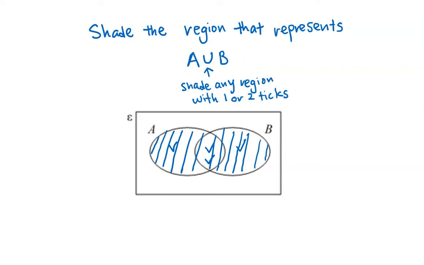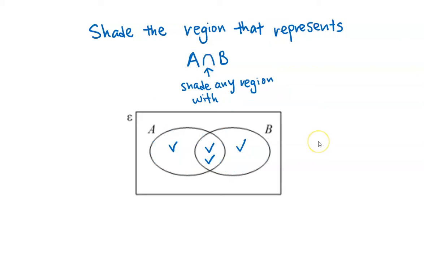So the next example, I'll be talking about what you do for A intersect B. So let's say I'm going to shade the region that represents A intersect B, and A intersect B simply means the repetition between these two sets. Okay, so that means I'm actually looking at this region. So for intersection, what I need to do is to shade any region with two ticks.